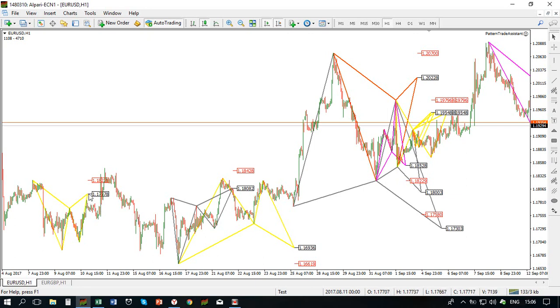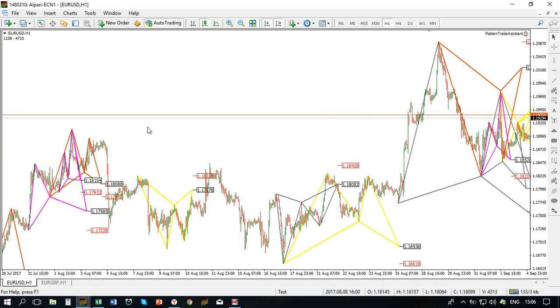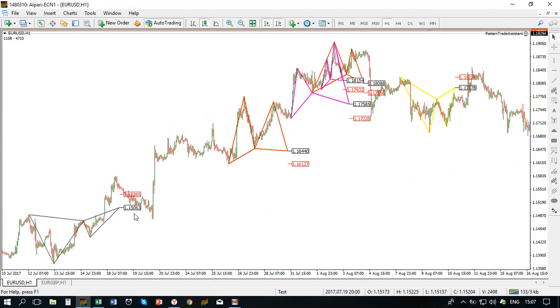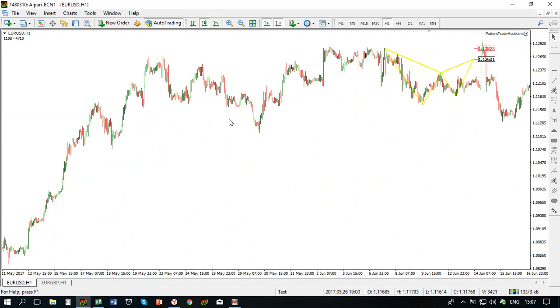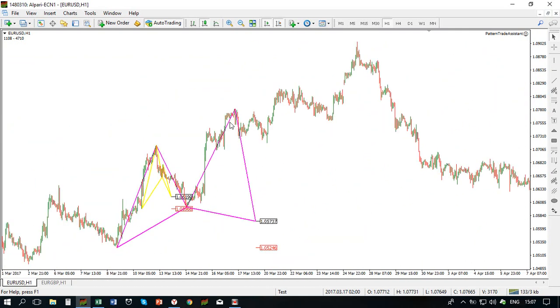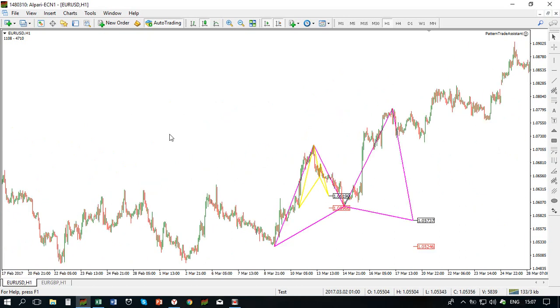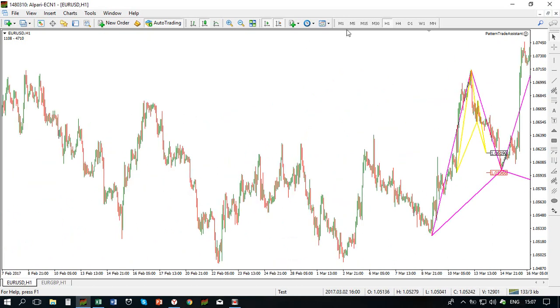This bat spiked through the stop loss. Gartley small cipher spiked through the stop loss. This larger cipher won, yes. Butterfly lost, and this bat lost. This butterfly won, came close to stop loss, but it won, and that's it.